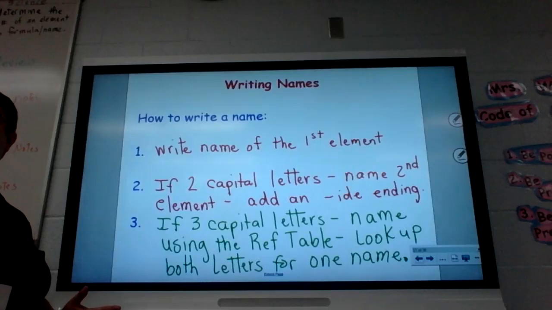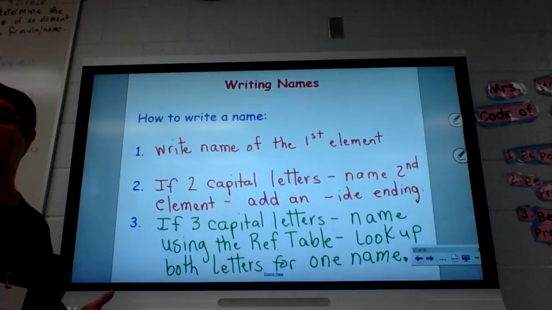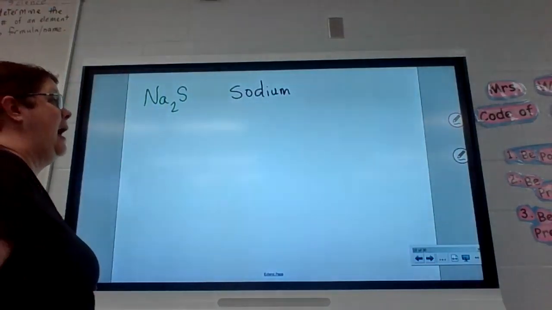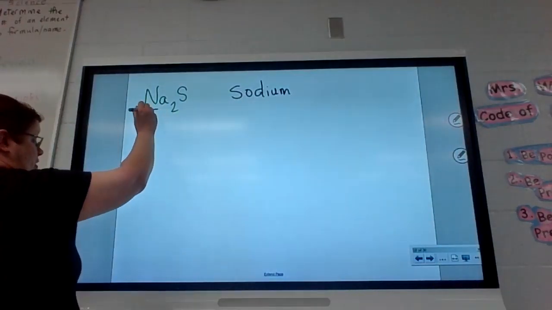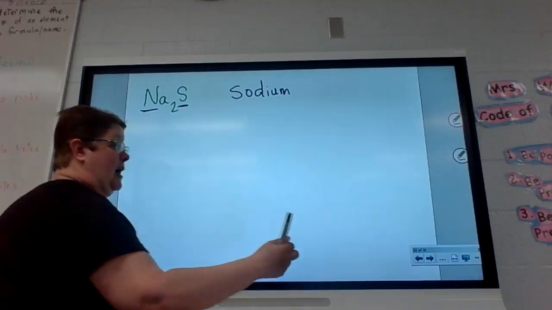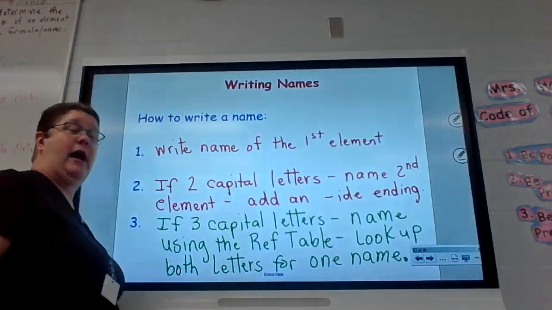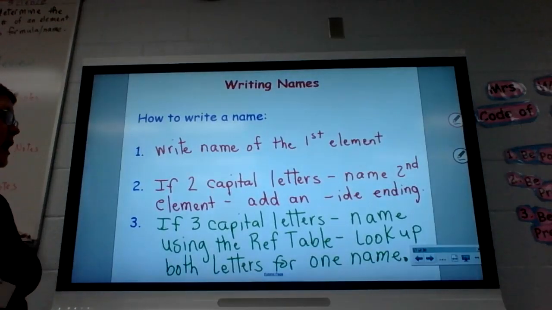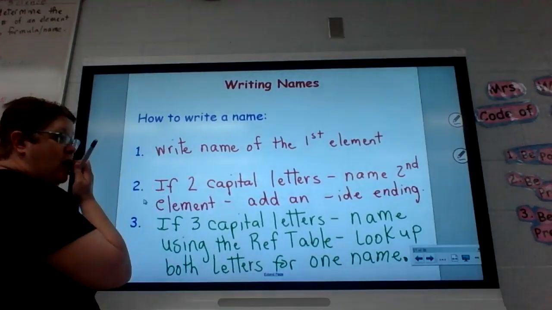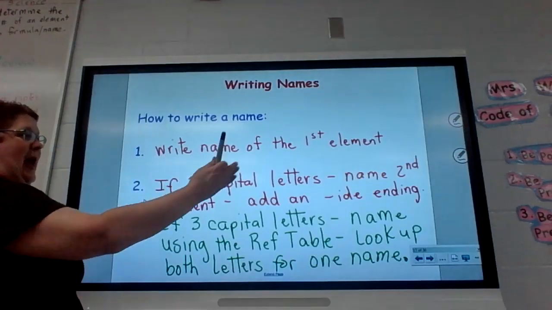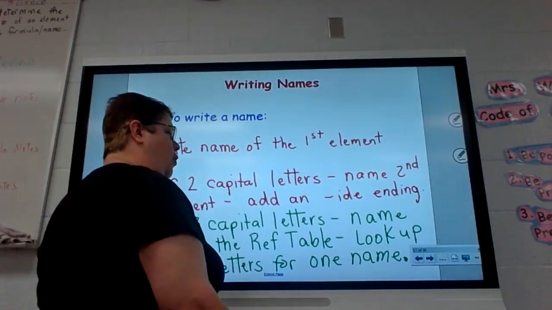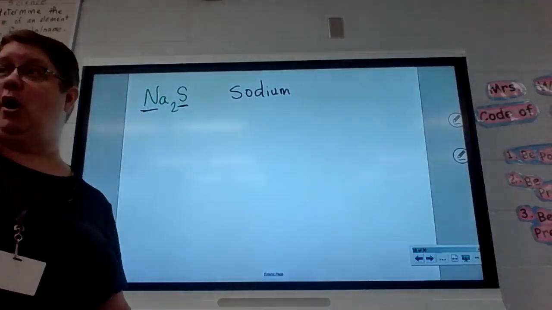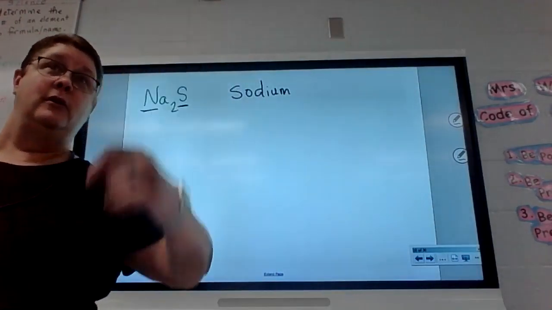You have to look at the formula and see how many capital letters you have. So, when you look at the formula, how many capitals are there? 2. So, we're only doing steps 1 and 2. We're not doing step 3 because we don't have 3 capitals. Everybody good on that? So, if there's 2 capitals, we name the second element and we add an IDE ending. So, what is the second element's name? Sulfur. And so we're going to make it sulfide.